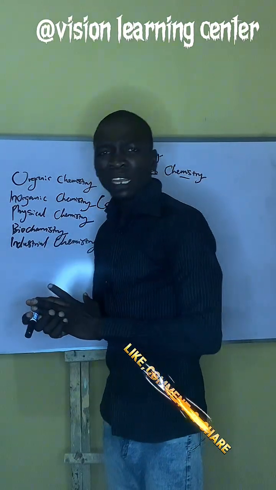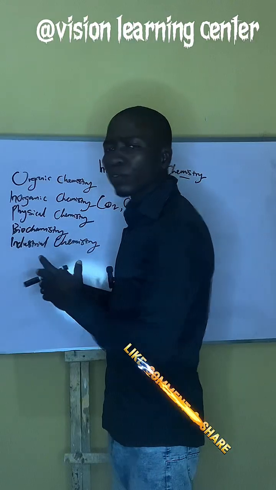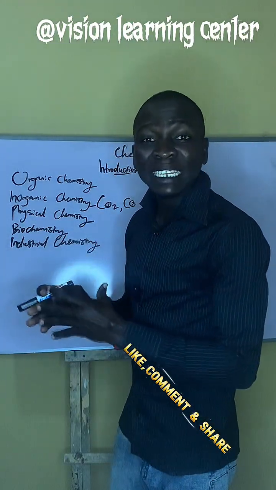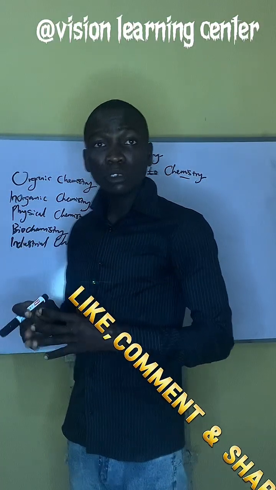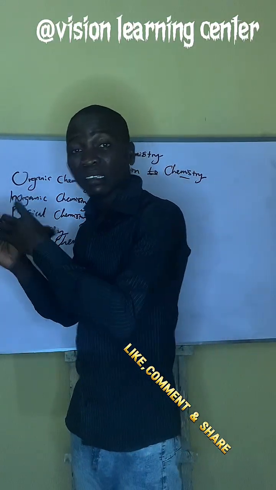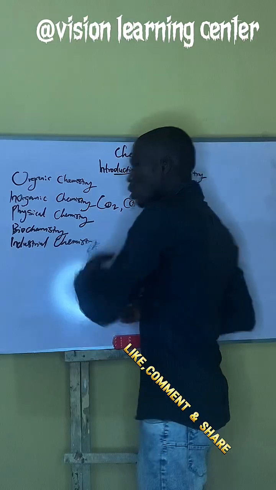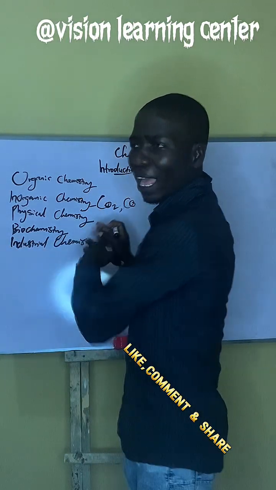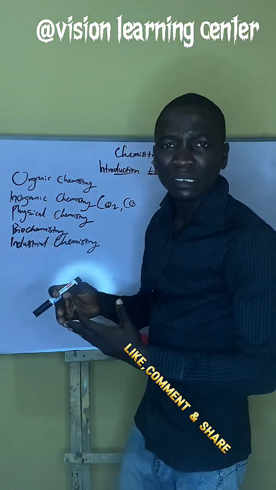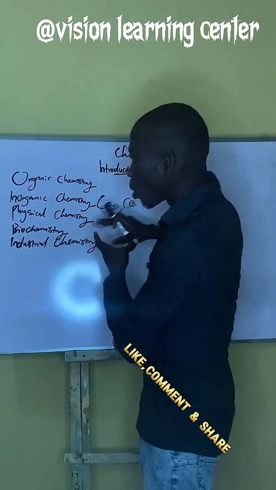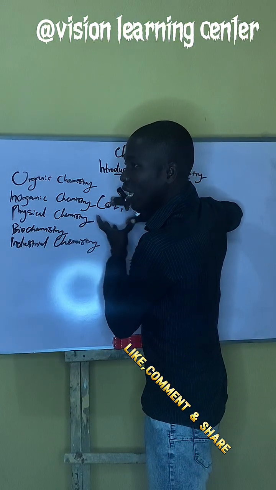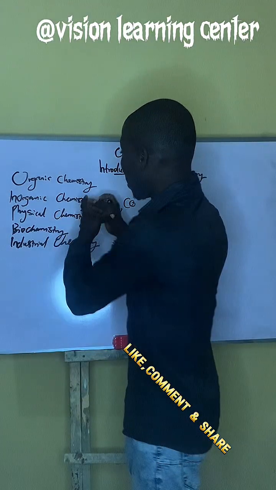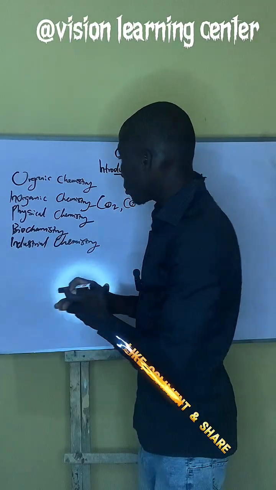Examples of inorganic chemistry are the chemistry of the earth and its materials, for example acids, bases, and also metals.